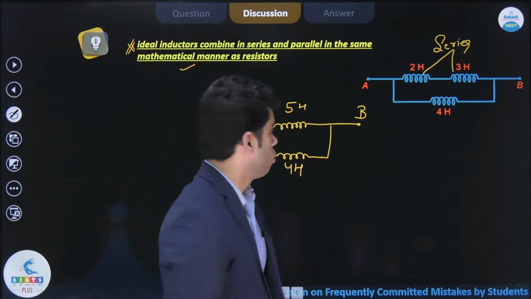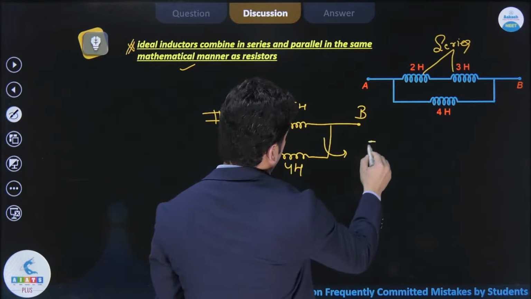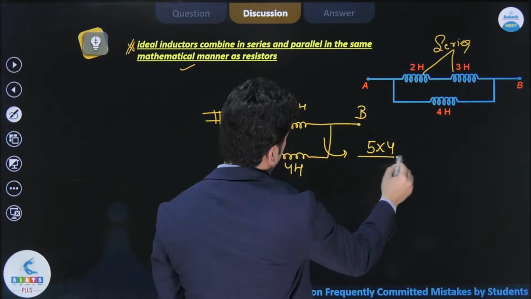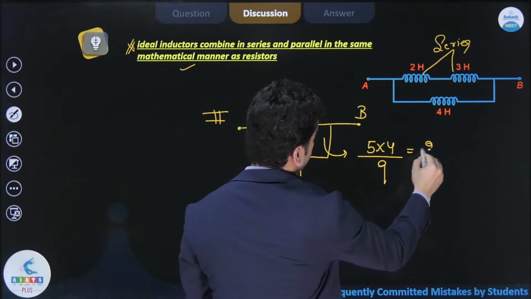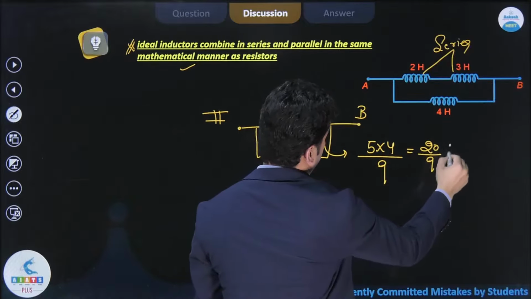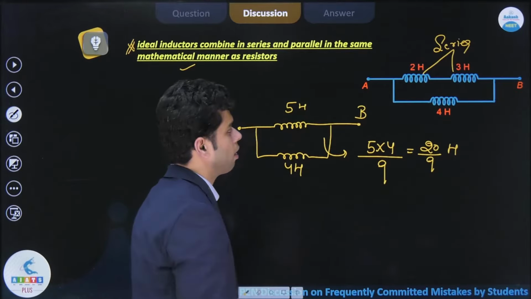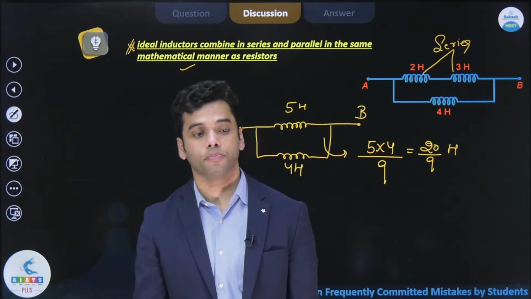So the correct answer is 5 into 4 upon 5 plus 4, that is 20 by 9 Henry. 20 by 9 Henry is the correct answer to this problem.